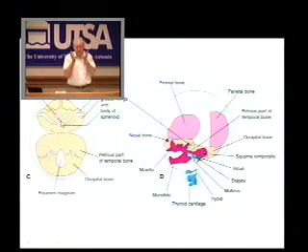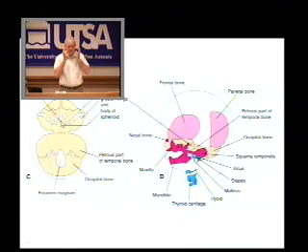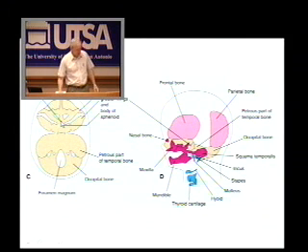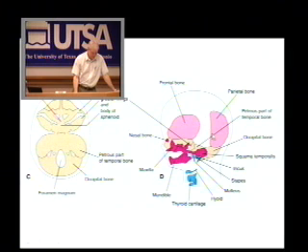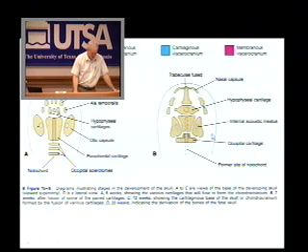So we want to take care of the base of the skull, get it attached to the vertebral column, and then later we can take care of the cranial cavity. But these don't all fuse together tightly because, as we said, it has to be flexible to pass through the birth canal.